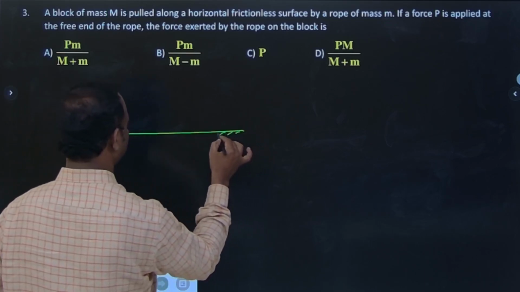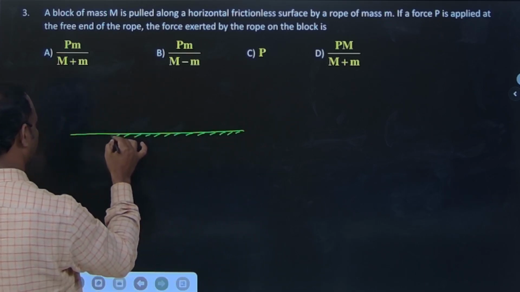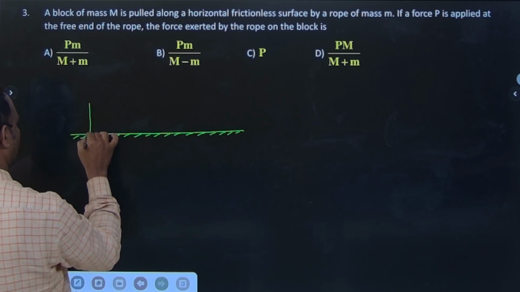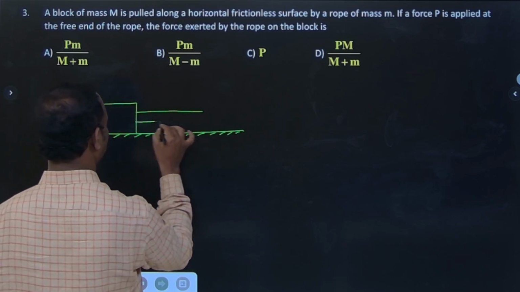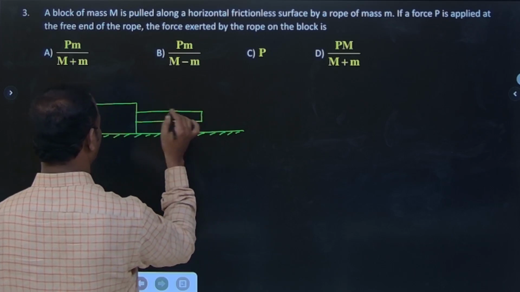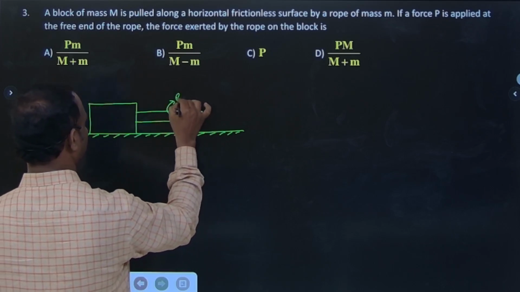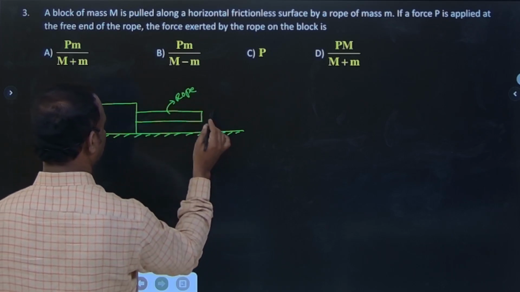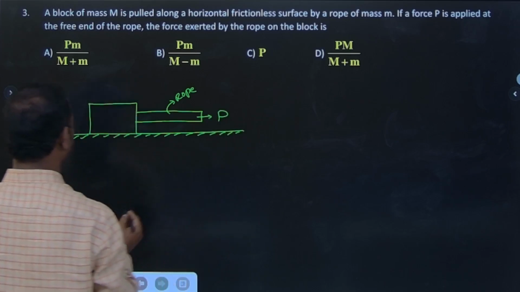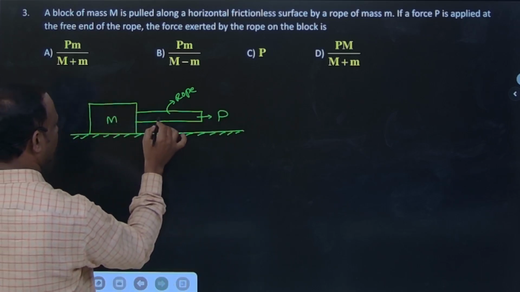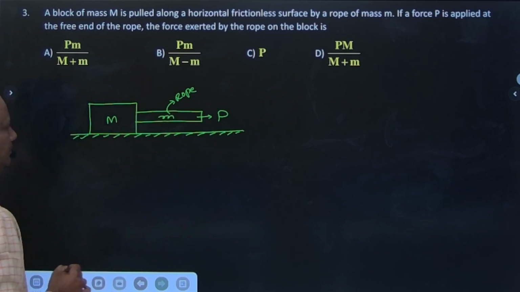This is the horizontal surface, a block of mass capital M, and this is the rope. The force applied is P. The block's mass is capital M and the rope's mass is small m.